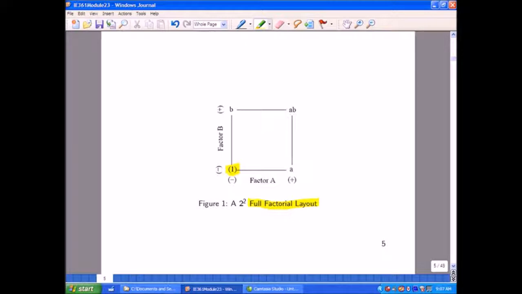What then is my only obvious choice for where to collect data for a second combination?